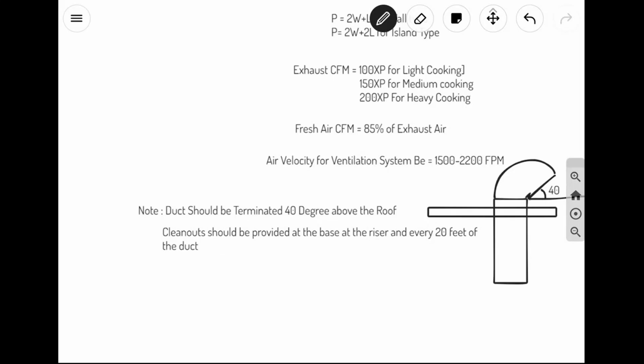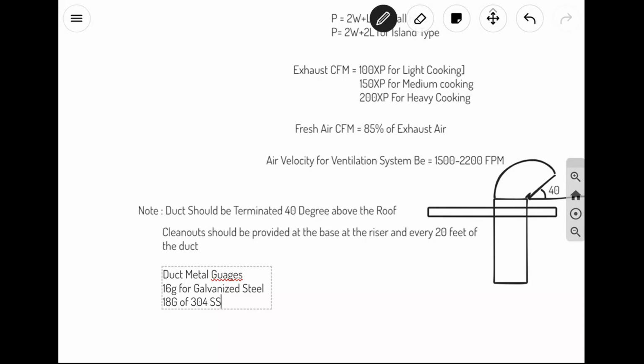And the duct metal gauges: 16 gauge of galvanized steel, and if you are using 18 gauge of SS 304, which is food grade 304 stainless steel.